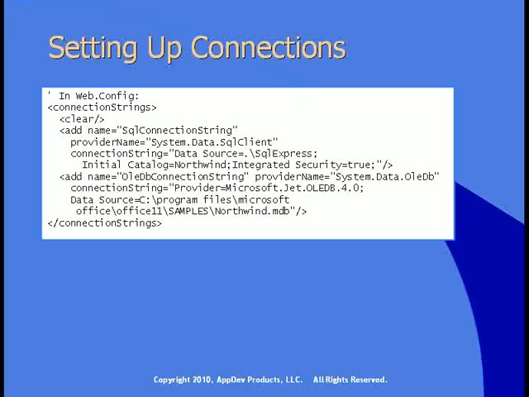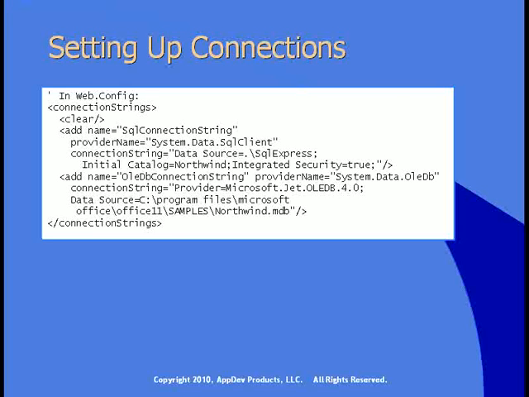And integrated security is true. That's just all part of the connection string. The OleDb connection string has a provider name, which is System.Data.OleDb, and then the actual connection string, which is Microsoft.Jet.OLEDB.4.0, that's the provider, then a data source, which is a path to the MDB file, the Access database I'll be loading.